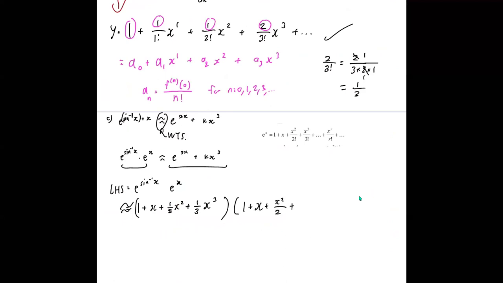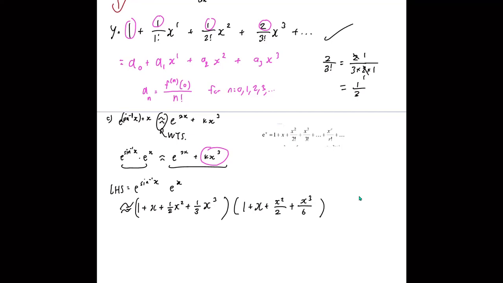I'll simplify as well. 2 factorial is 2, 3 factorial is 6. I don't need the rest. I just need up to x cubed, because on the right-hand side, you see, it's only until x cubed. So you just need to figure out what is the coefficient in front of the x cubed.